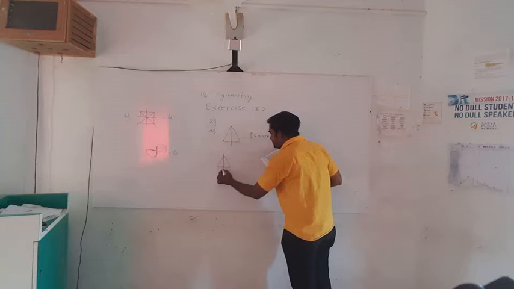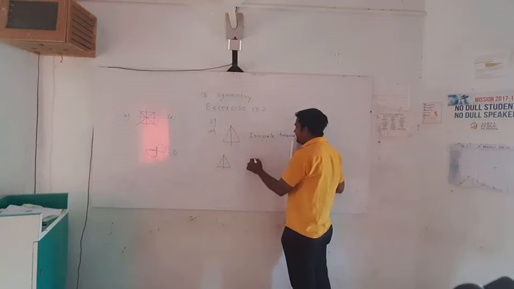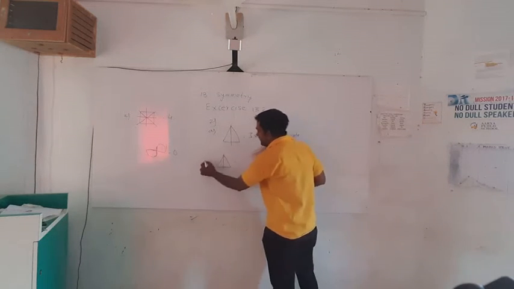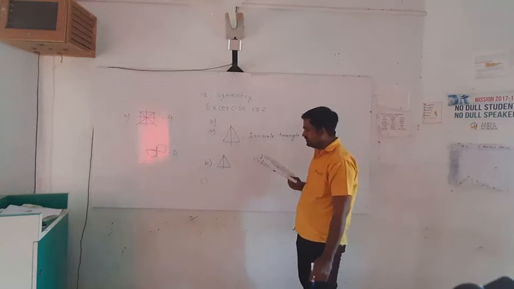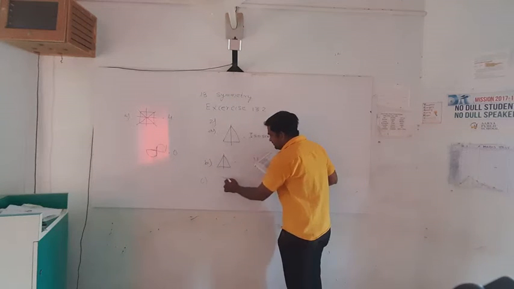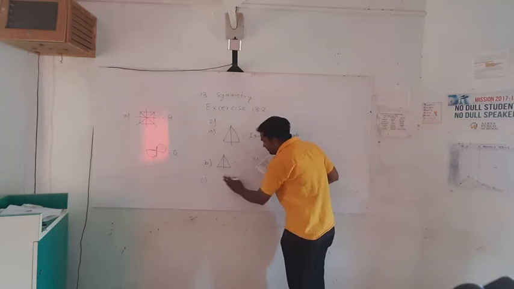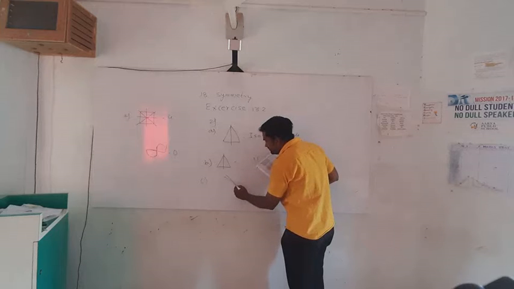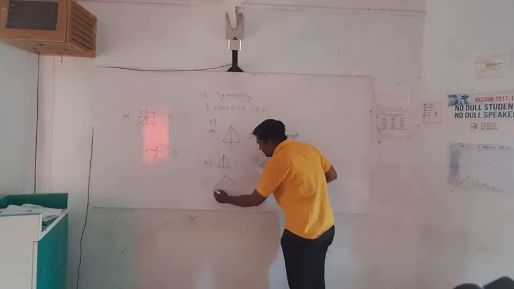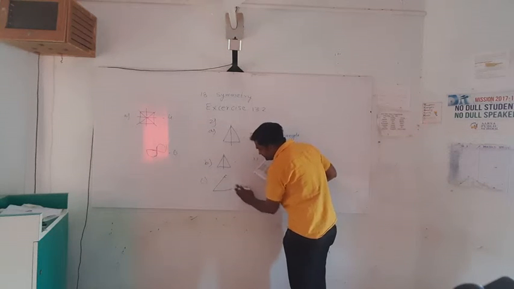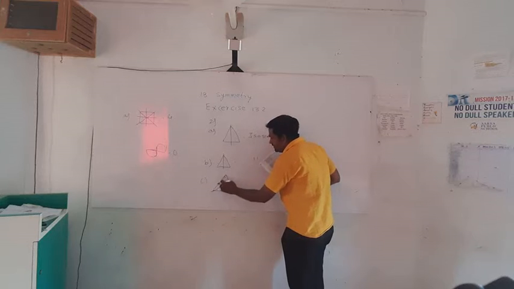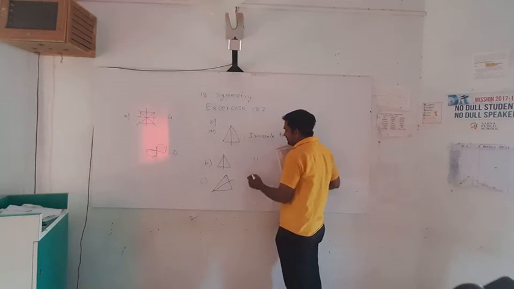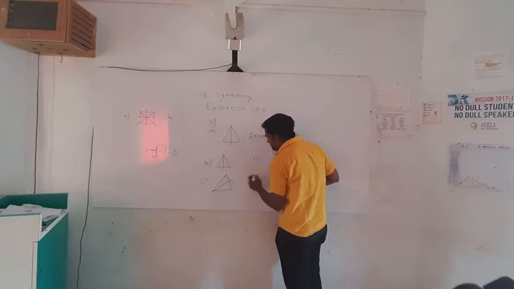Here also a standing line of symmetry and this triangle is also an isosceles triangle. Then the third one, given a different way. You can draw properly. This is also an isosceles triangle. Yes, two sides are equal. So here also one line of symmetry.